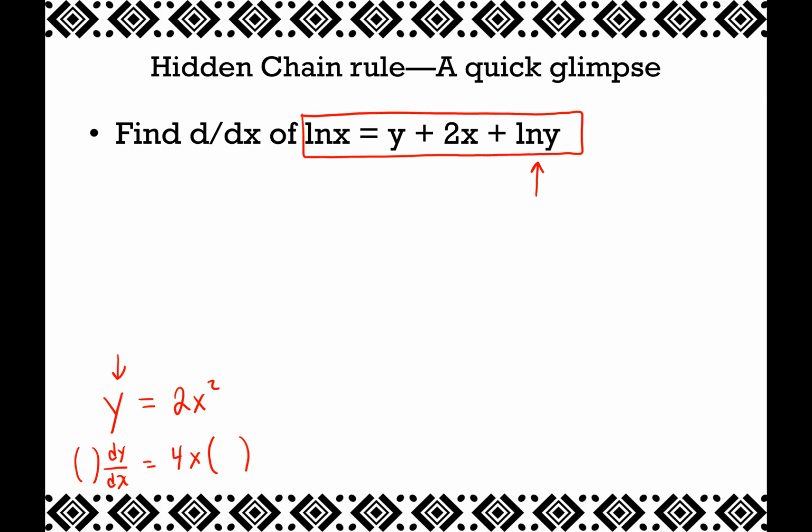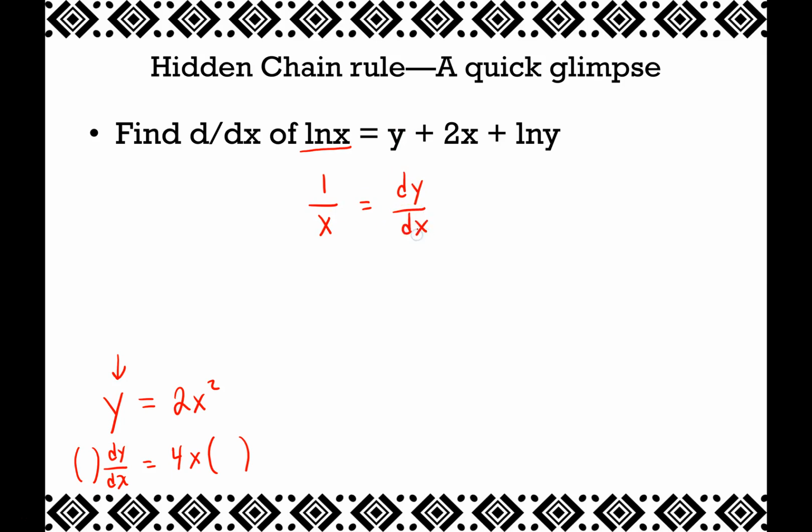Well, let me see if we can go back to this. Let's go back to our ln x equals y plus 2x plus ln y. In a problem like this, we know that the derivative of ln x is 1 over x. We know that the derivative of y is dy dx. We know the derivative of 2x is 2. And this one's a little bit funny.